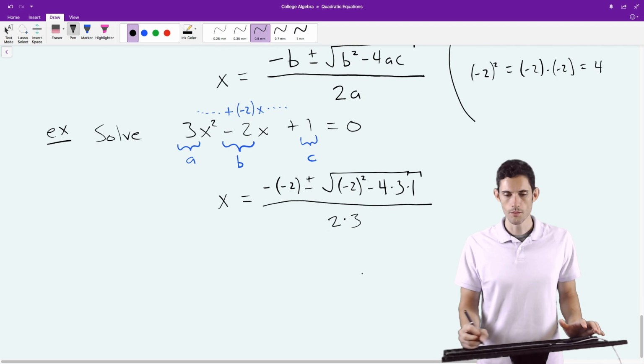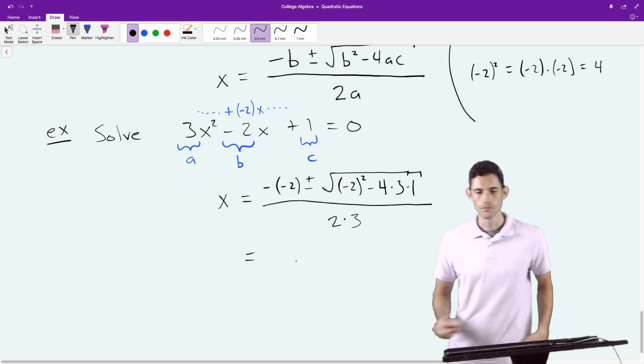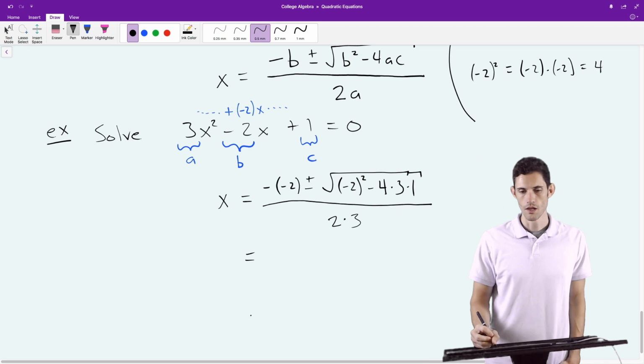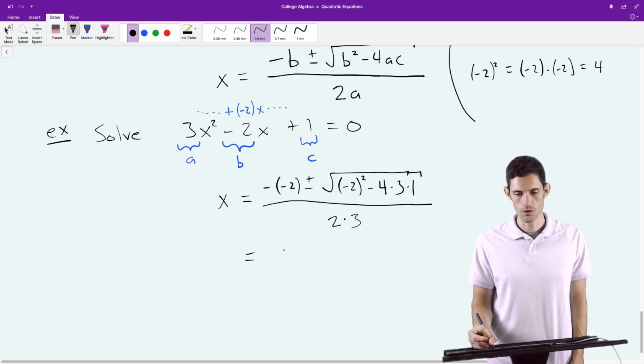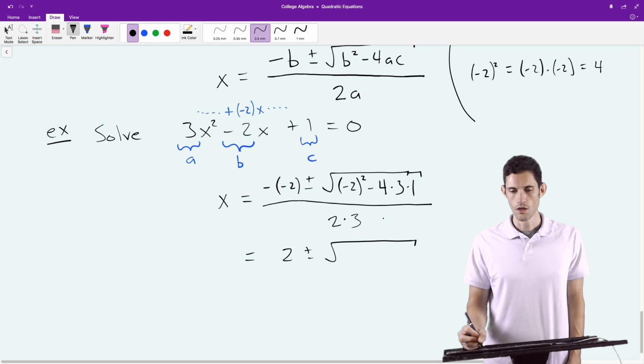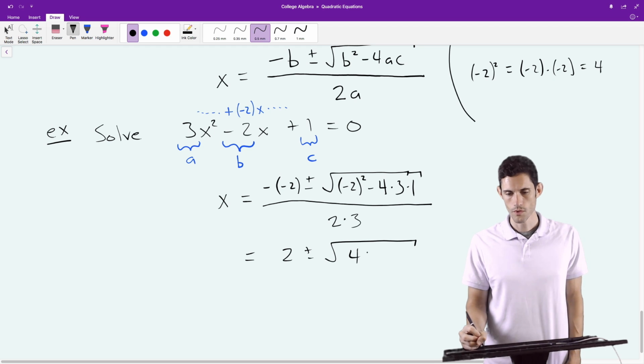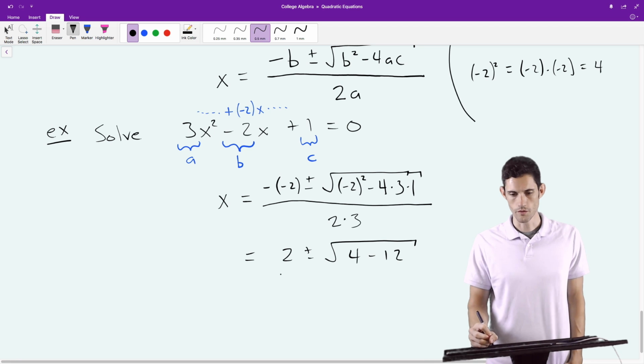And there, I've written down the solution. Now all I've got to do is simplify. So negative times negative 2 is 2, plus or minus, and here's a big square root. Negative 2 squared is 4, and 4 times 3 times 1 is 12, so 4 minus 12, all over 6.